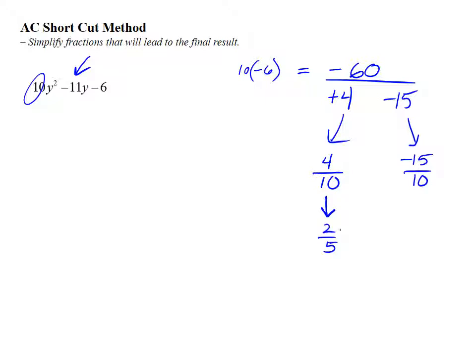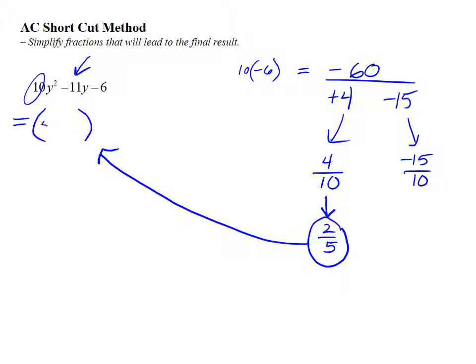And it turns out this simplified fraction becomes the values we put into one of the binomials of our answer. But you put them in the following way. The denominator always comes first with the variable, 5y, and then positive 2. And the numerator, as I just wrote, comes second. So 5y plus 2 is what we write into our first binomial.